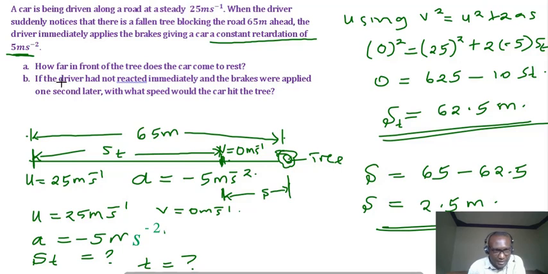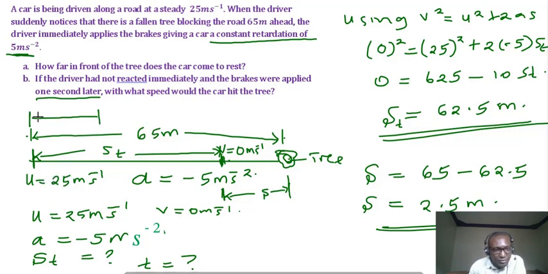Part B says if the driver had not reacted immediately and the brakes were applied 1 second later, with what speed would the car hit the tree? So this car was traveling at 25 meters per second. If the driver doesn't react immediately, that means he's going to travel a certain distance using this speed in 1 second.